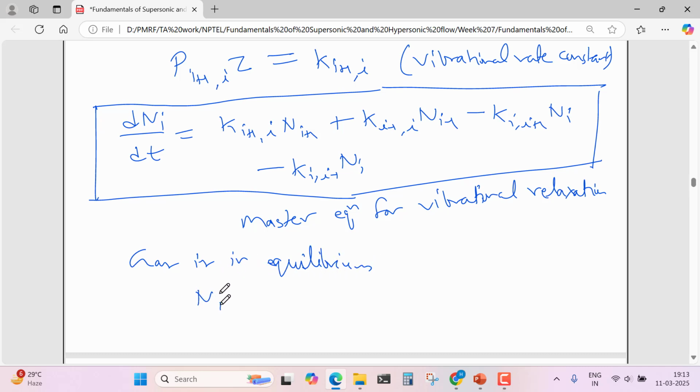So Ni star upon N(i-1) star will be given by the formula from the Boltzmann distribution.